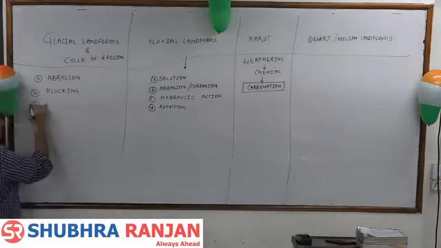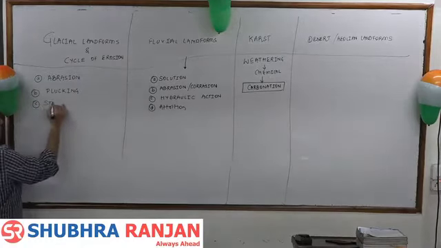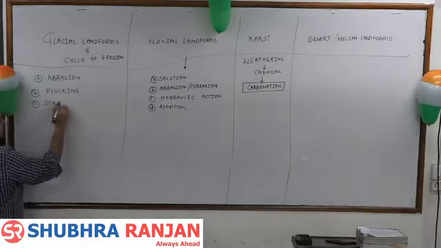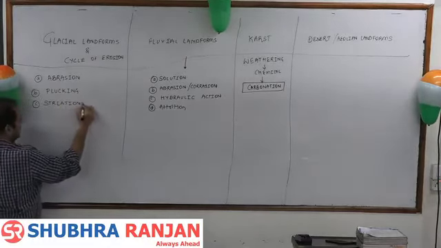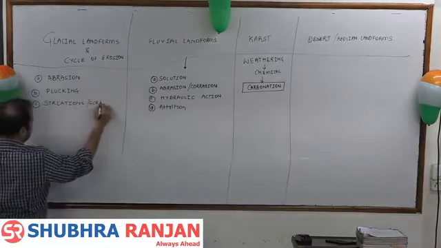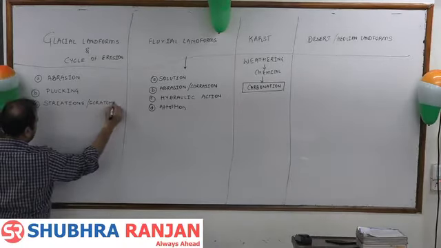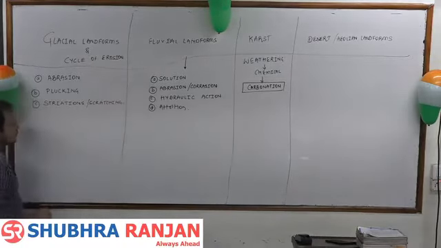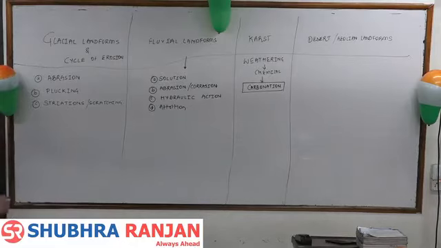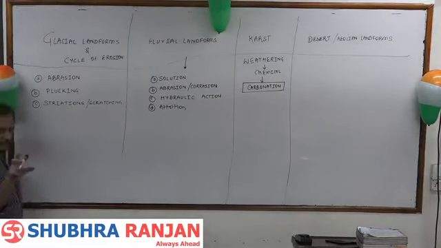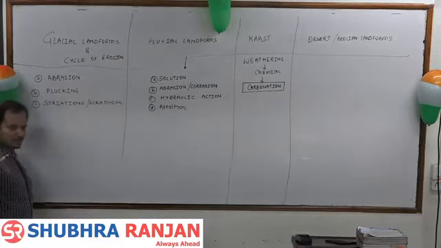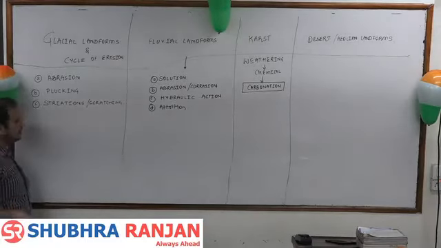And by the process of striations or scratching. Abrasion again is the same, rubbing. Plucking is like hydraulic action, that is some of the rocks will be plucked, will be broken and will be carried.